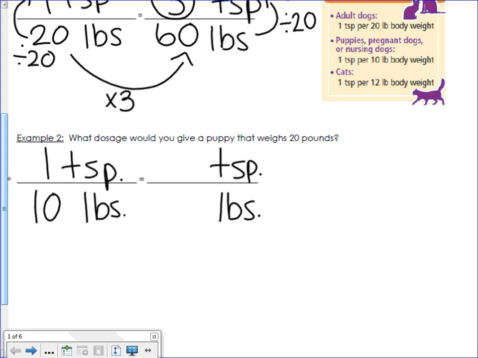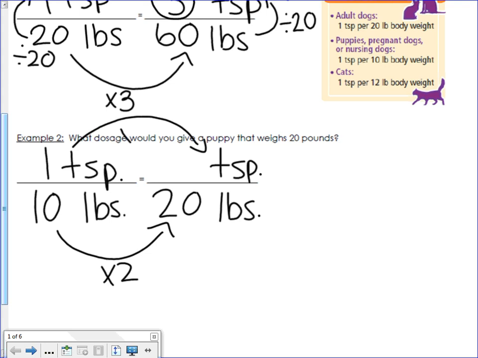The question is asking, what dosage would you give a puppy that weighs 20 pounds? So I'm going to fill in 20 pounds on the bottom because that's where pounds are. And I can see that I can get from 10 to 20 by multiplying by 2. So that's what I'm going to do to the top. 1 times 2 is 2. So for a 20-pound puppy, I would need 2 teaspoons of medicine.